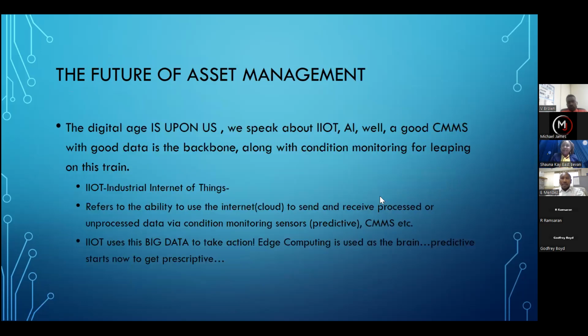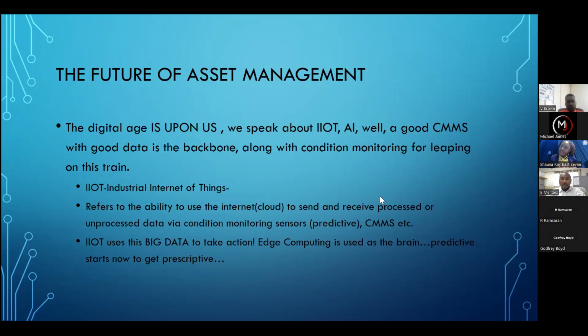So the future of asset management, quickly, we're in the digital age. We're talking a lot about the Internet of Things, artificial intelligence. Guess what? A good CMMS and a good asset management program and the data. Remember I mentioned the historical data there? That is the background for delving into the sphere of artificial intelligence. You need the data.